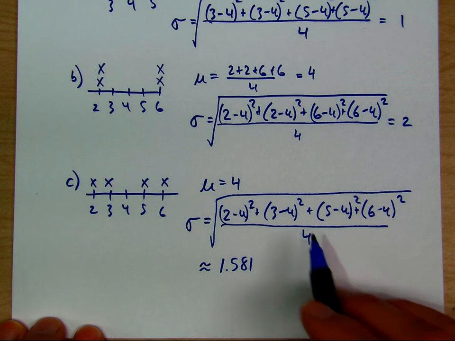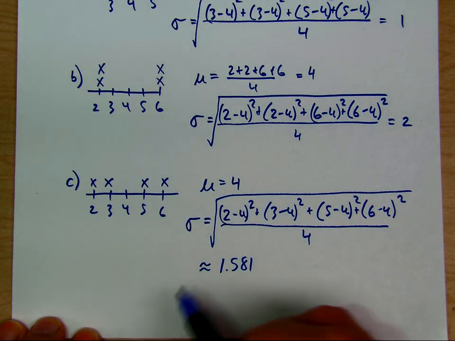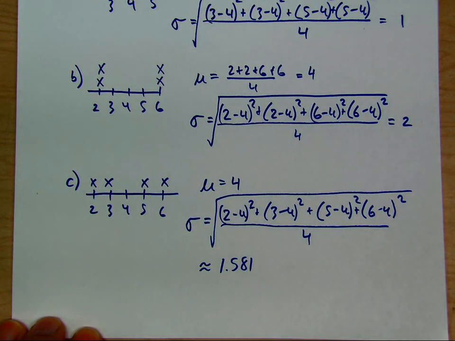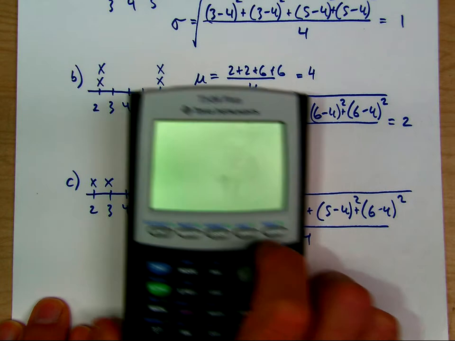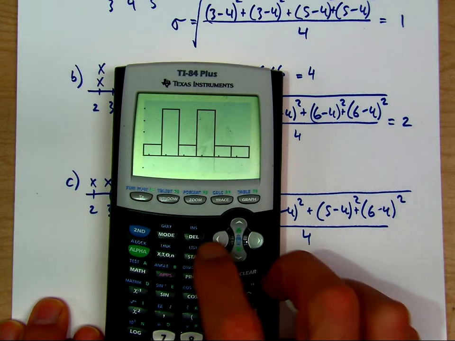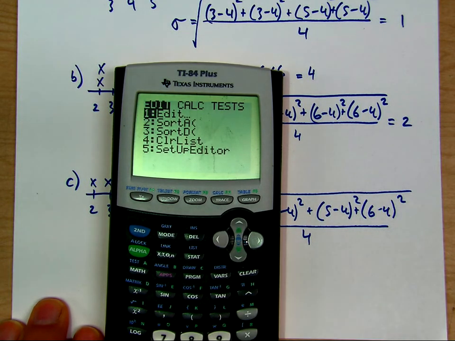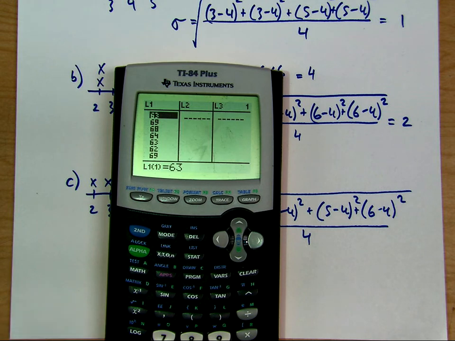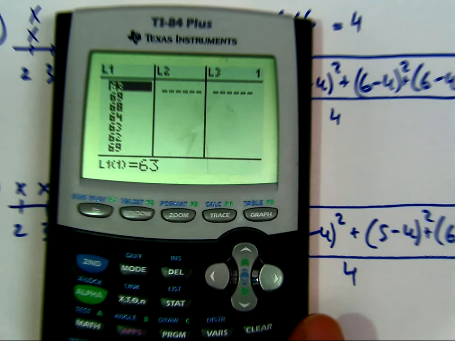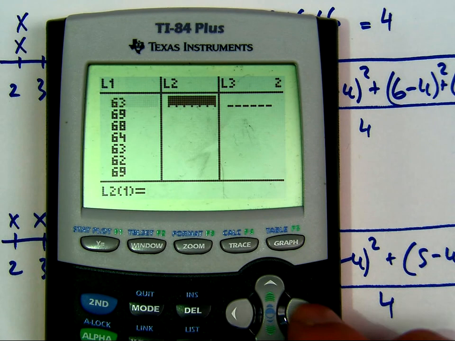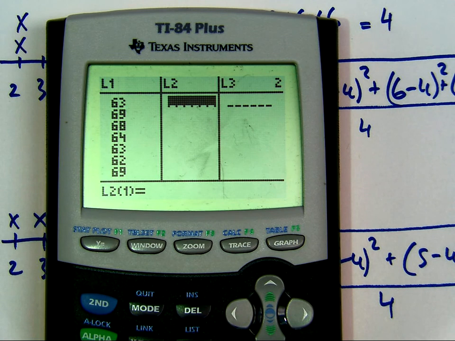If you do this on the calculator, we go to Stat, Edit, let's just use this one, this list, and we'll go 2, 3, 5, 6. 2, 3, 5, 6.